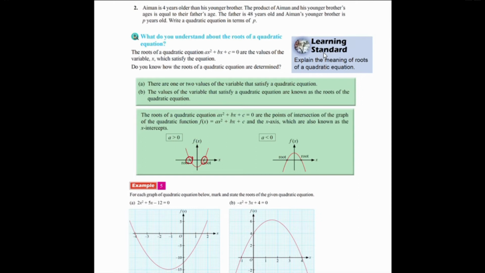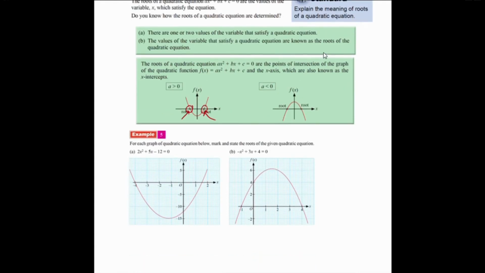So if you want to find the value of the root, you need to find the value of x here, where the graph intersects. It is the same whether the graph is positive or negative. So based on the graph, you can find the roots of the quadratic equation.